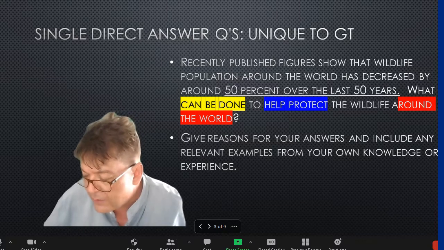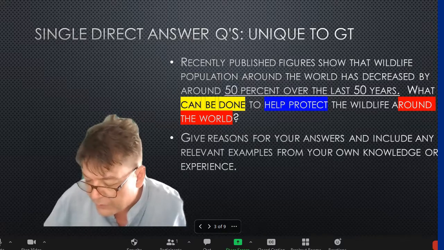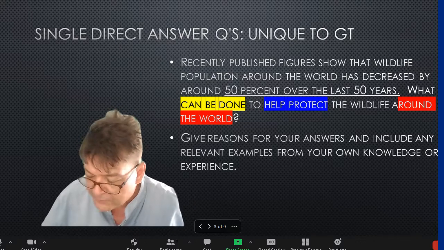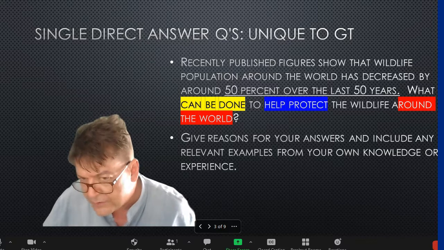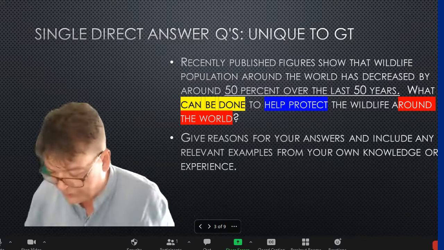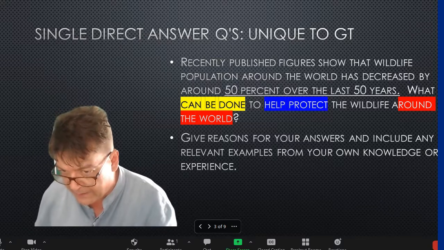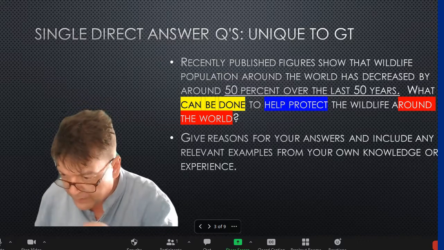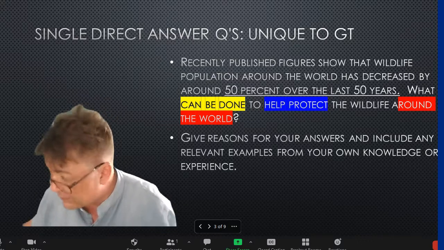Of course, the first thing you want to do is analyze the question and highlight the key words and really think about what they mean and what distinguishes them or identifies them as task words. Okay, here, what can be done? What can be done? Right?